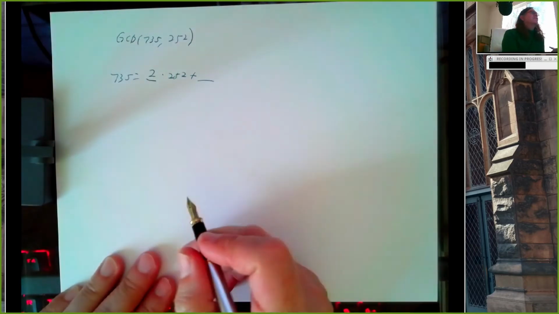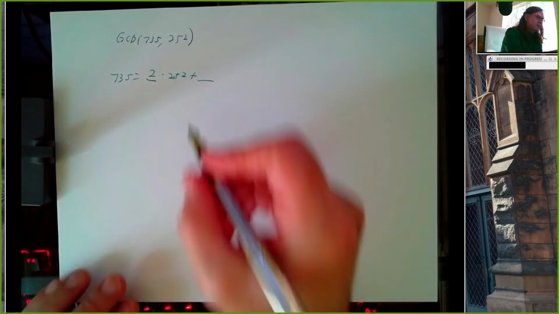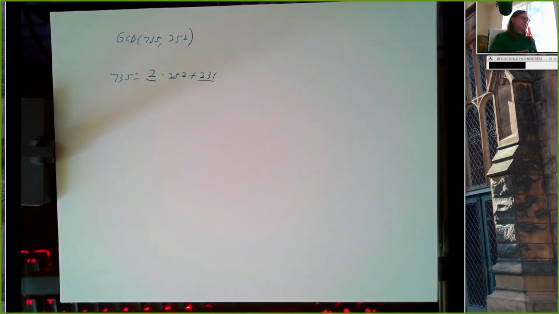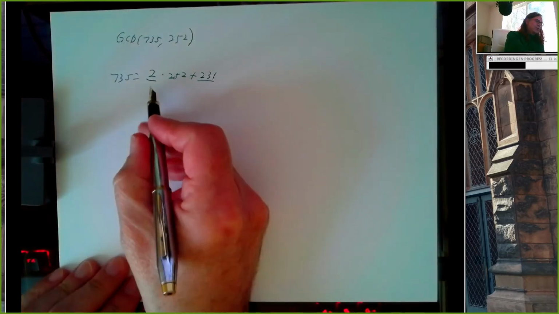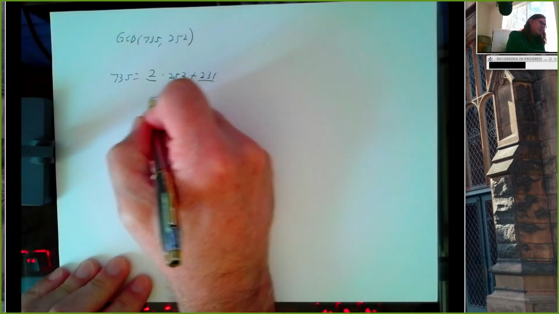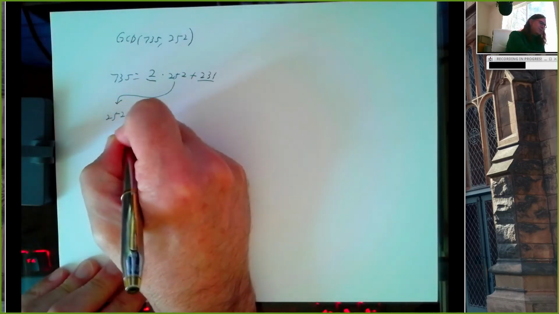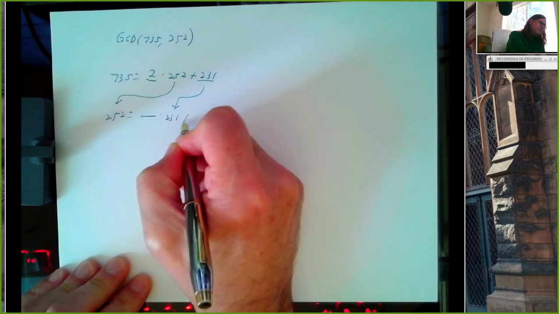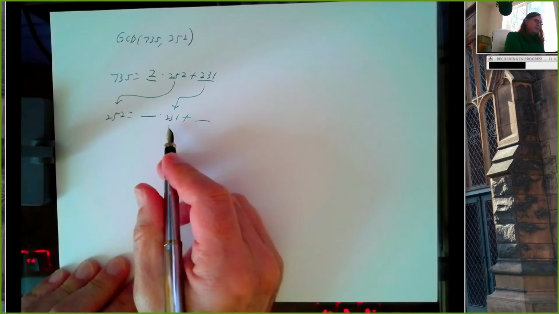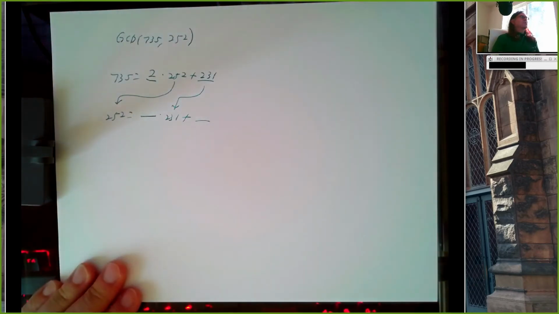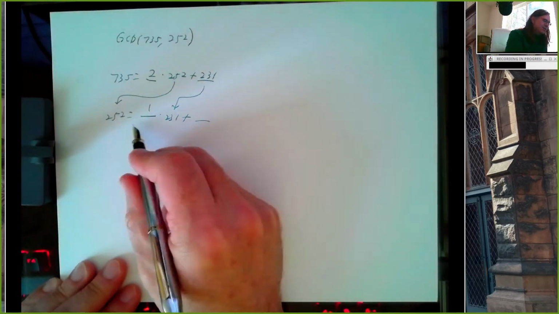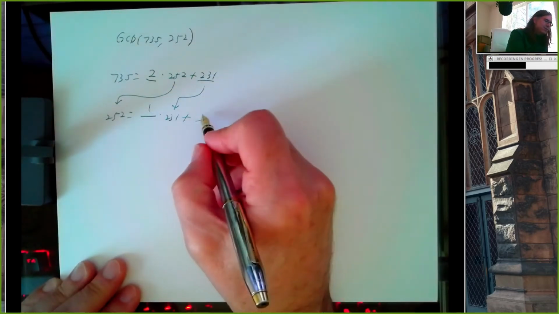That'll get us 504 plus 231 left over. We ignore this 2 here, but we carry the 252 over here and the 231. So 252 is something times 231 plus something. So 231 goes in once, and this leaves us 21 left over.